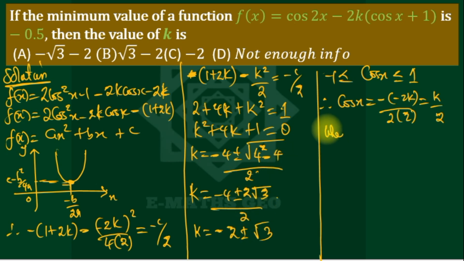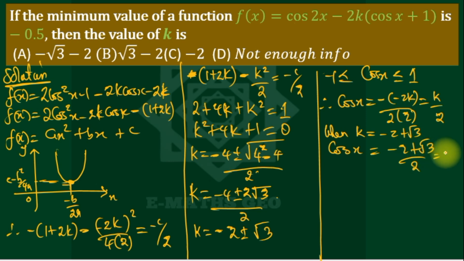When k is minus 2 plus root 3, we see that cos x is minus 2 plus root 3 over 2. If you check, this should be minus 0 point something, because root 3 is 1.732. So if you do minus 2 plus 1.73, you have minus 0 point something. This gives us a number within this range, so it's correct.